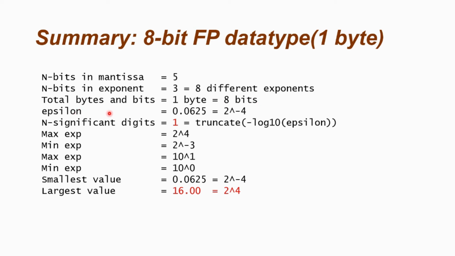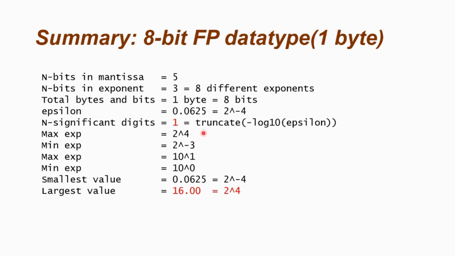Epsilon, which is the smallest relative change, is 2 raised to the power -4. That you can calculate from this value 5 here, subtract 1, you get 4, 2 raised to the power -4 gives you epsilon. Then once you convert this 4 into the number of significant digits, by using this formula, you get number of significant digits is 1 in base 10.